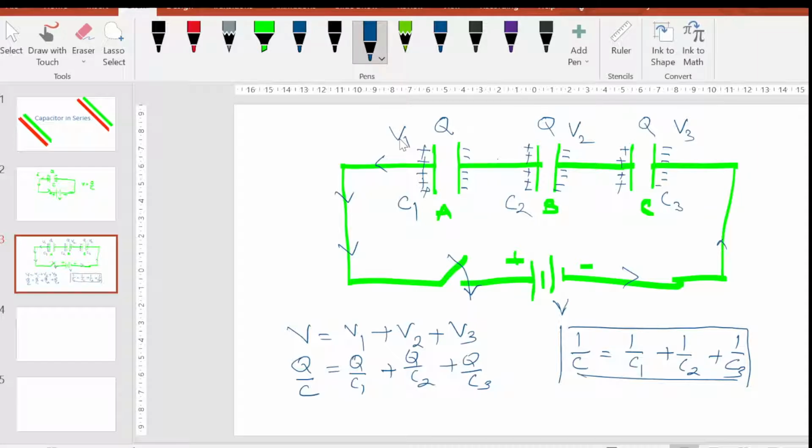Because the first plate of capacitor B will attract electrons from this plate. It will attract an equal number of electrons, so equal positive charge will appear here, and again equal negative charge will appear here. This negative charge comes from this plate, so again it is equal. That is the important thing which you have to understand.